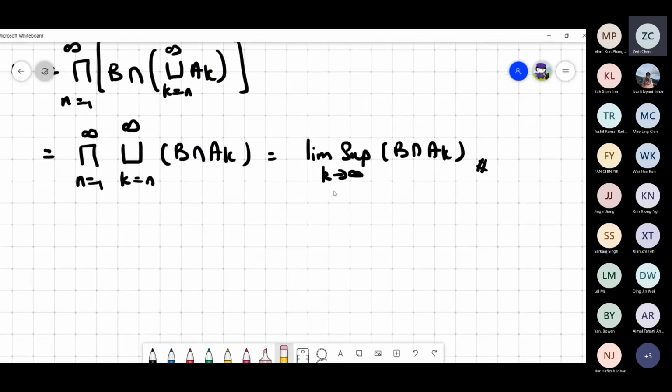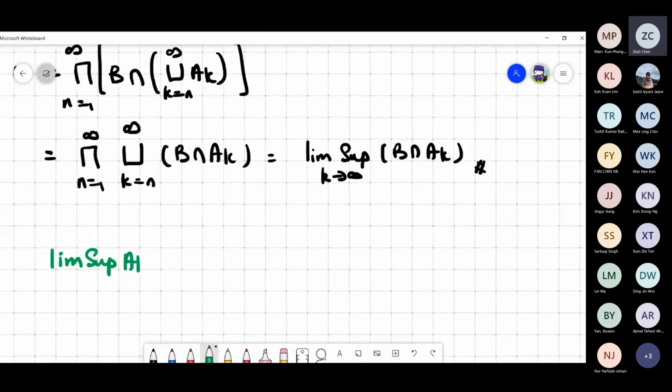Actually, you see, this is all symbols. Sometimes they use shorthand. For as long as you can understand the symbol, that's it. In fact, all these have the same meaning. For example, we can just write lim sup AK.